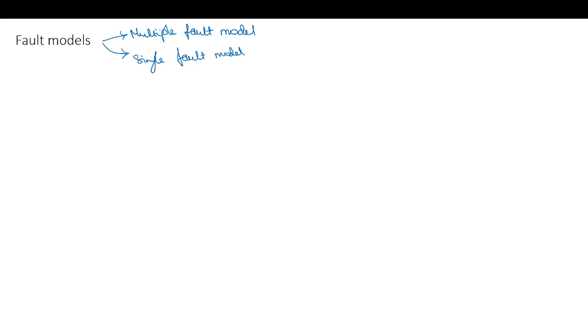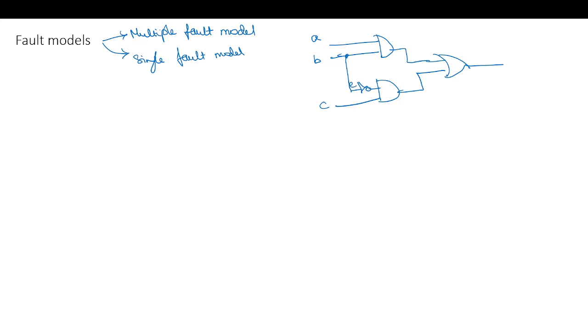If I draw one small logic gate level diagram, considering this, here we can assume that any one node has a fault, or the next valid assumption can be multiple nodes having different types of fault.